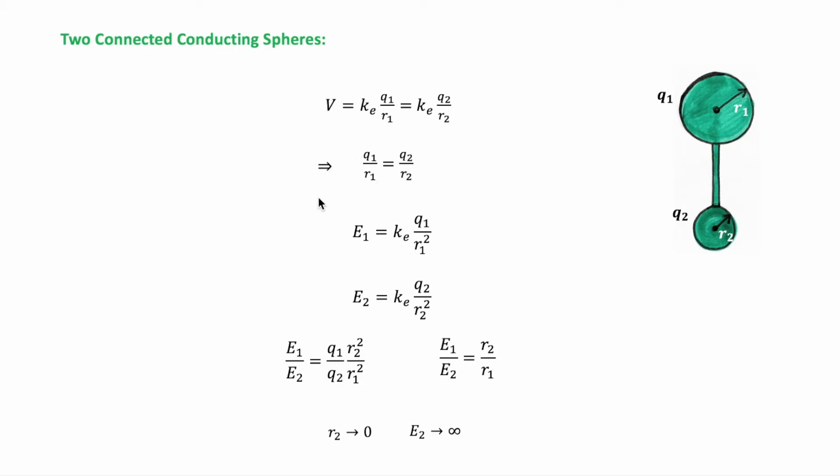And this gives us this ratio. The electric field outside of the first conductor is equal to this expression, and for E2 it's equal to this one. And so the ratio E1 over E2 is equal to R2 over R1.